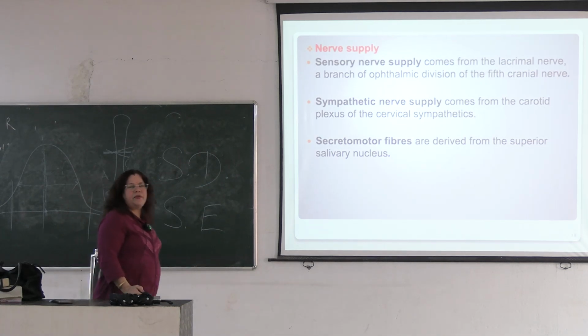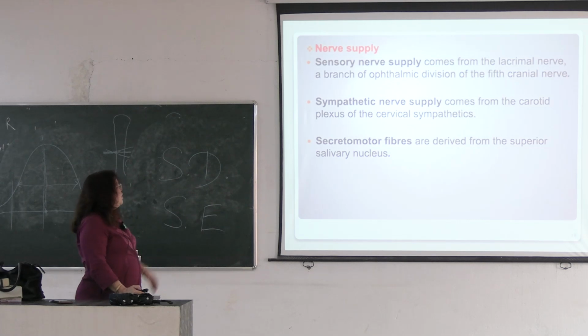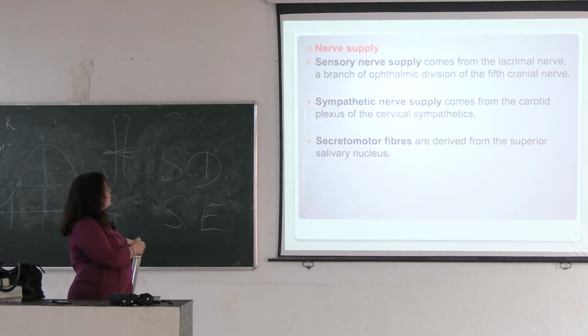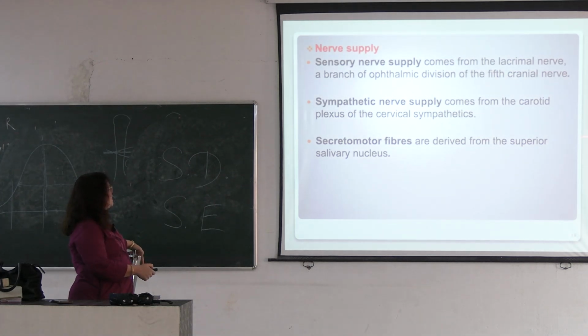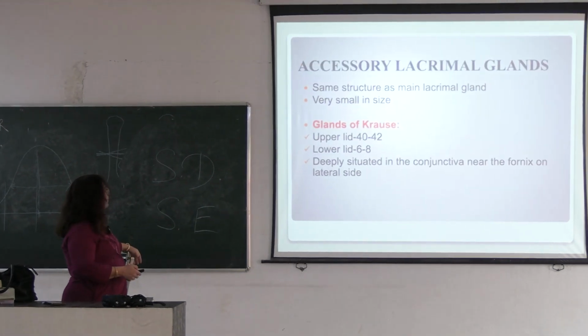What is the name of the fifth cranial nerve? Trigeminal. Then the sympathetic supply comes from the carotid plexus of the cervical sympathetics, and the secretomotor fibers are derived from the superior salivary nucleus. So these are all about the anatomy.